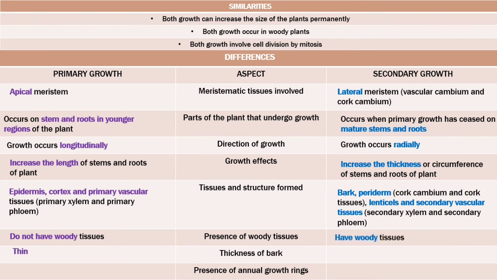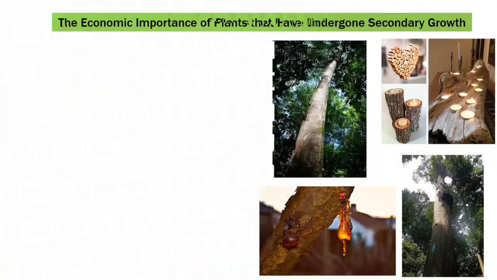During primary growth, the bark is thin, while during secondary growth, the bark is thick. During primary growth, there is absence of annual rings, while during secondary growth, there is presence of annual growth rings.